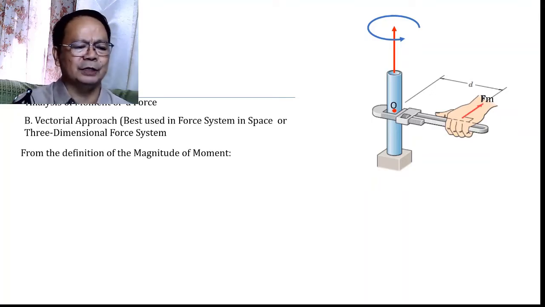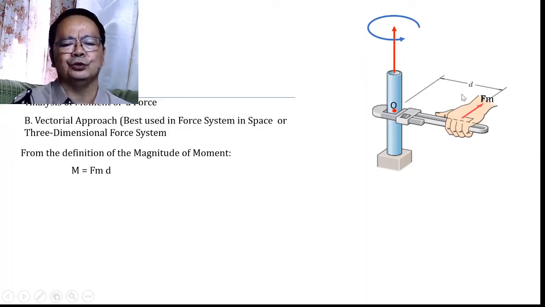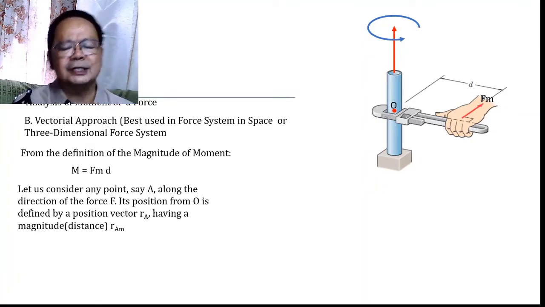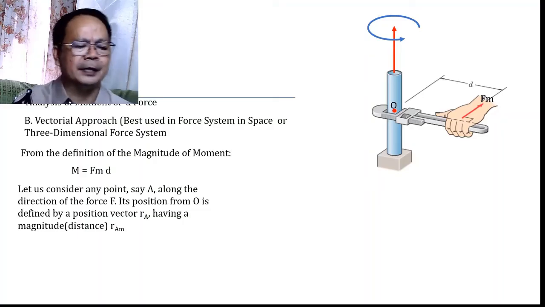From the definition of moment, that moment is equal to the magnitude of F sub m multiplied by d. It is actually the product of this magnitude and that of the distance d. Now, let us say for example that we shall be considering a point A, which shall be located along the direction of F sub m, along this direction.